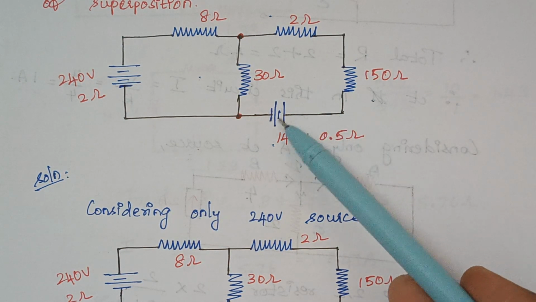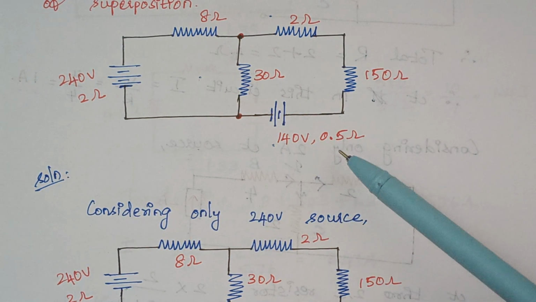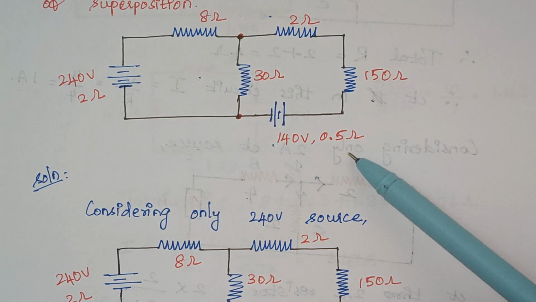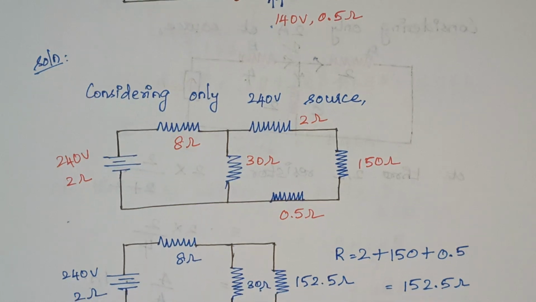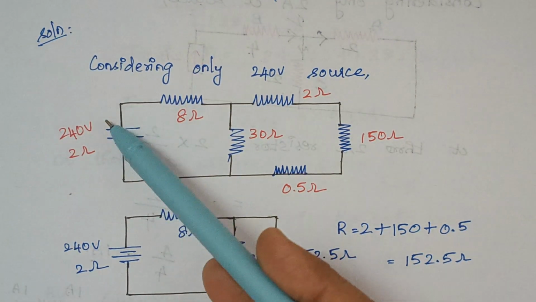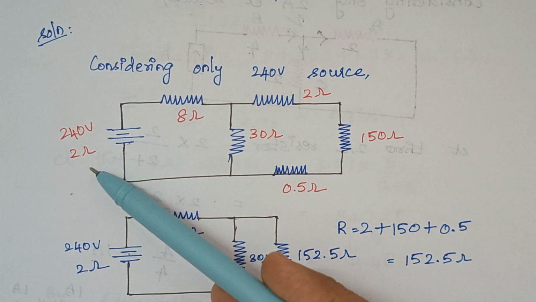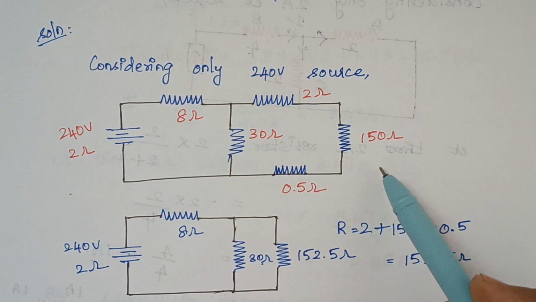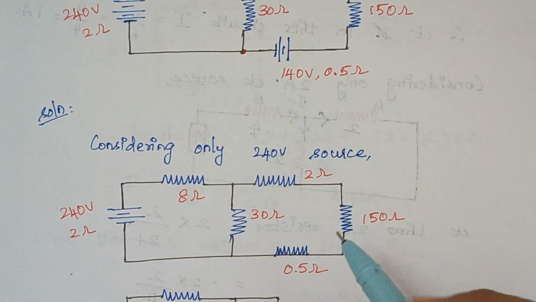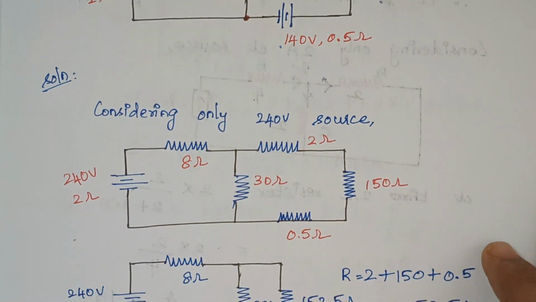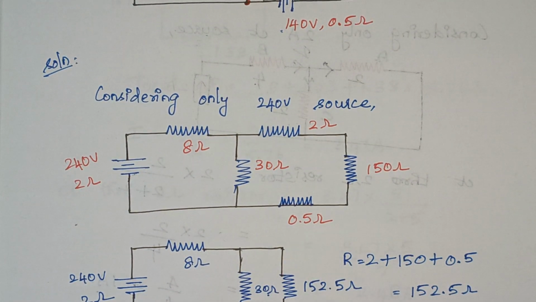Though we remove this 140 volt source, we have to consider this 0.5 ohm resistance, right? So when you redraw this circuit, only the 240 volt source is considered and the rest everything remains the same, and the internal resistance of the 140 volt source is also considered here, that is 0.5 ohms.